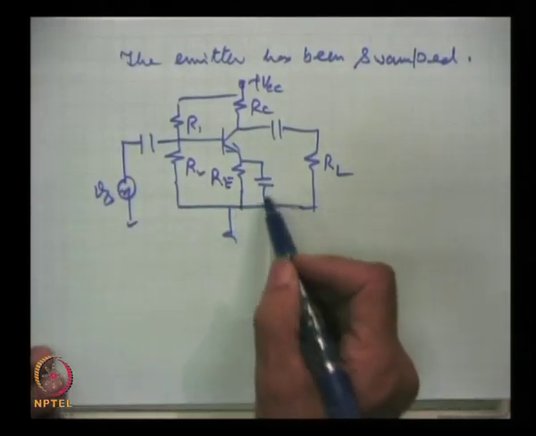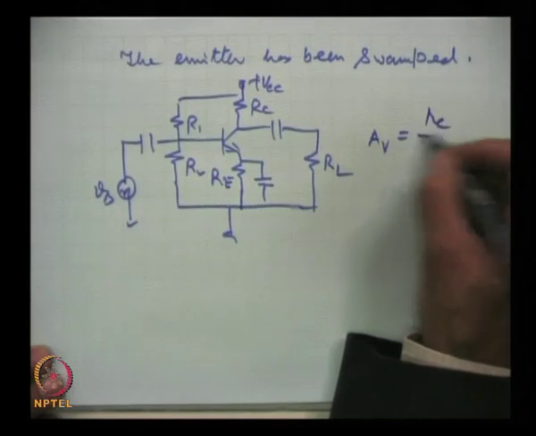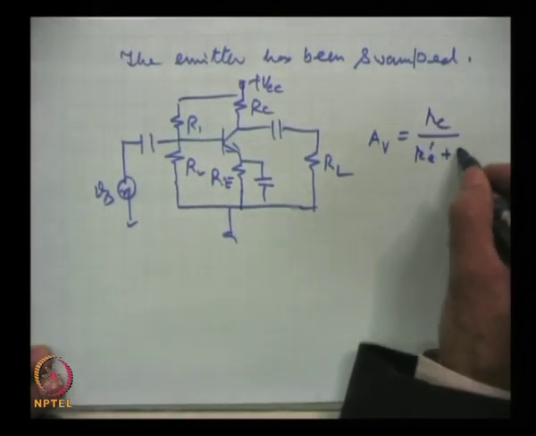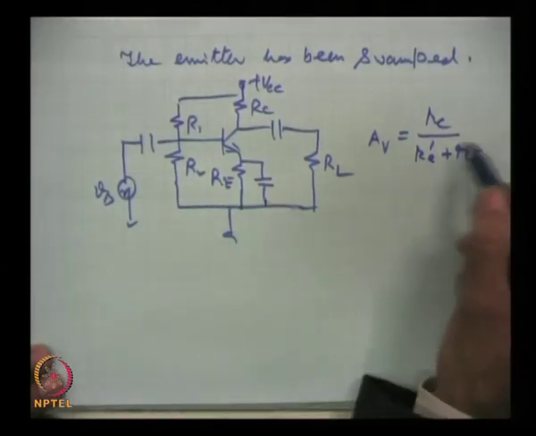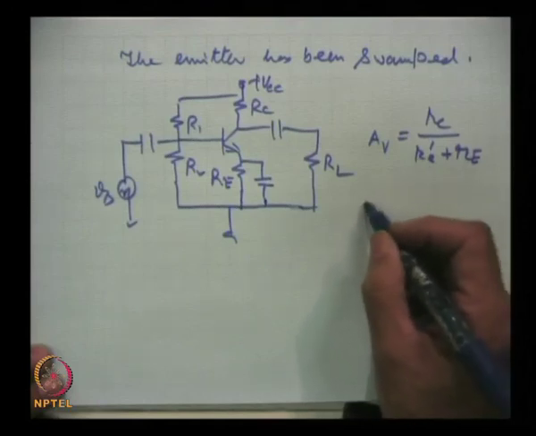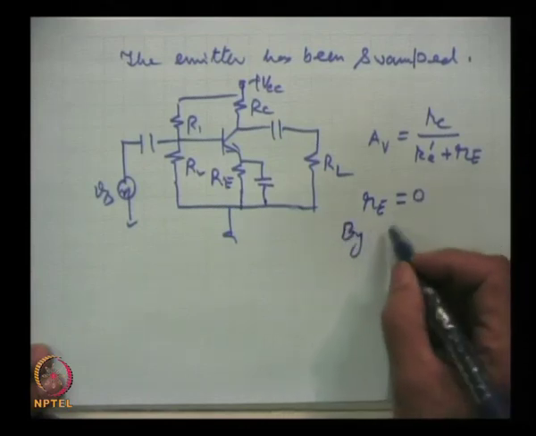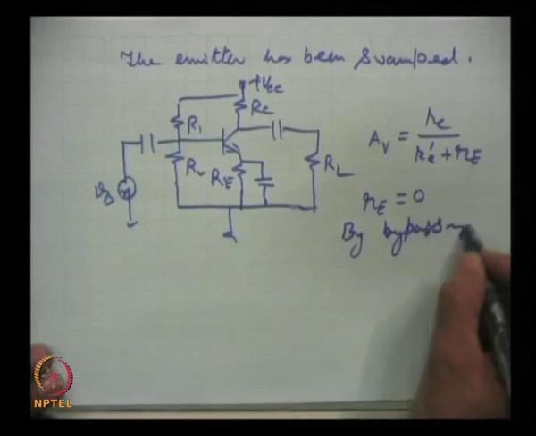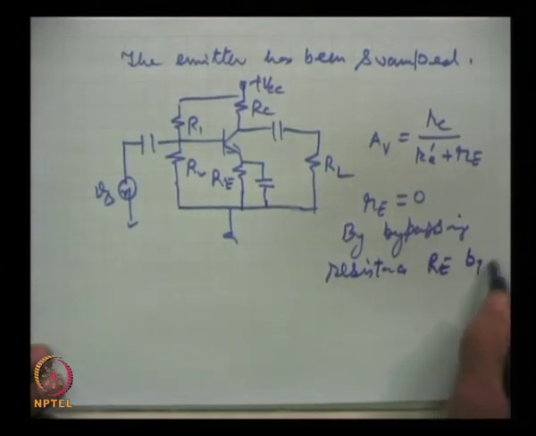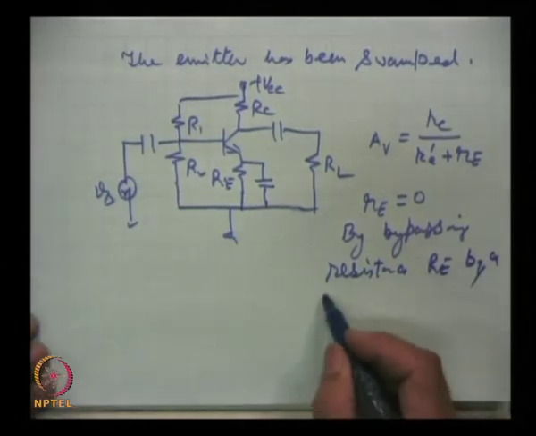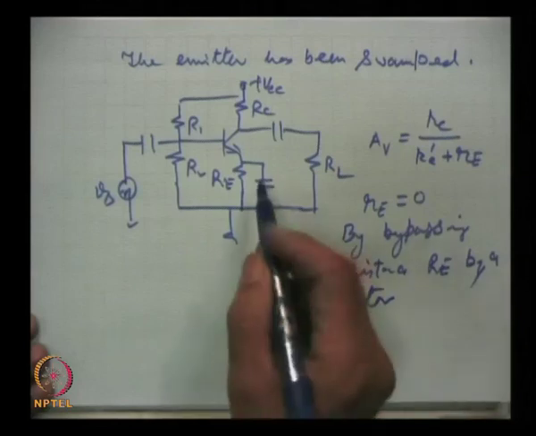We have bypassed it, and then the original relation was Rc by Re prime plus Re, but if we bypass, then this resistance is simply 0. Re has been made equal to 0 by bypassing it with a capacitor.